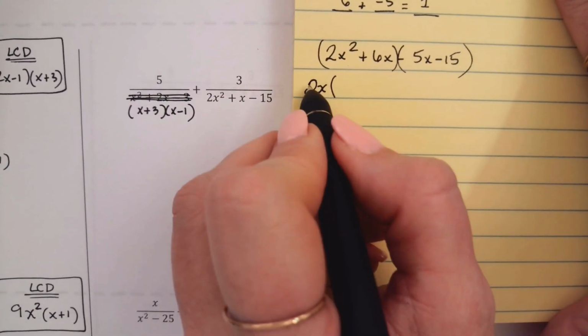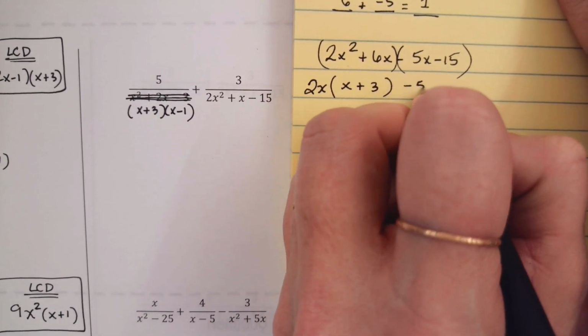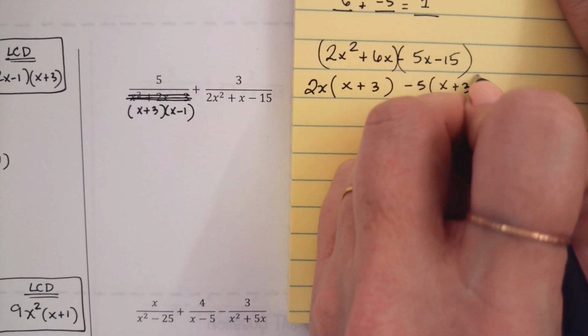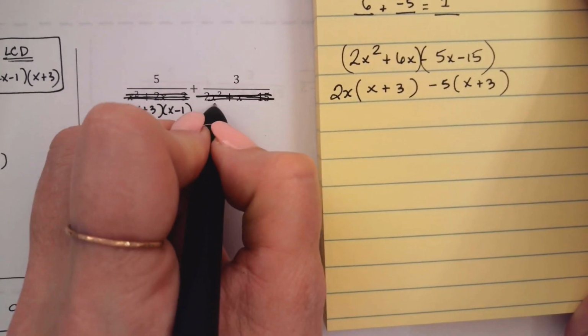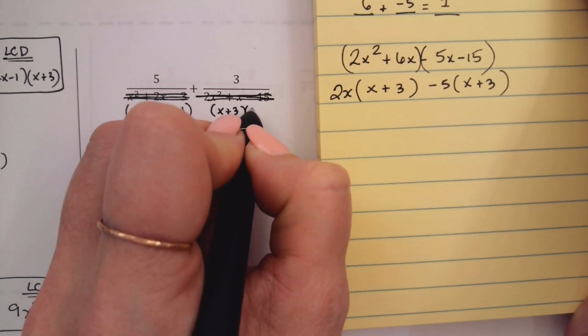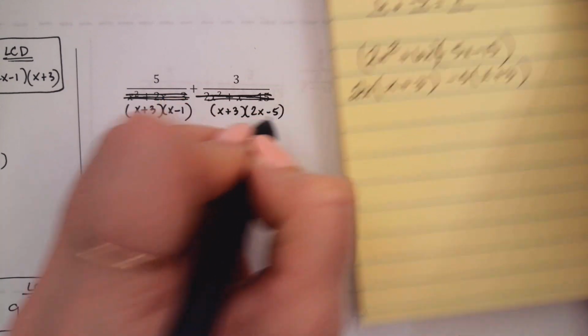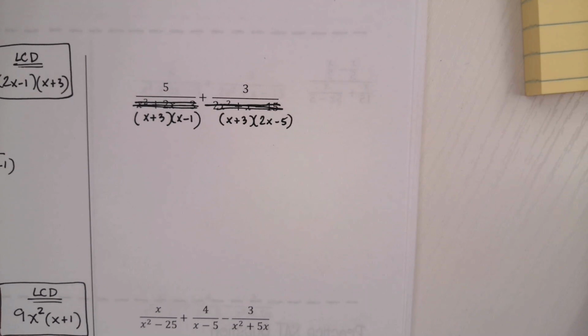Greatest common factor. There it is. That's how the other one has to be negative 5. Excellent. Okay. So I'm going to cross out my old denominator. I'm going to write what my new factors are. I got an x plus 3. I got a 2x minus 5. Okay. Now we can at least see what they're made out of, because that's going to help me build out my least common denominator.